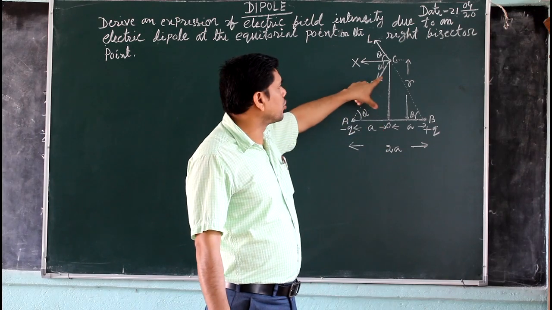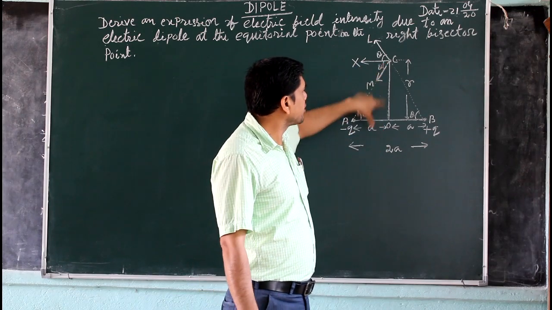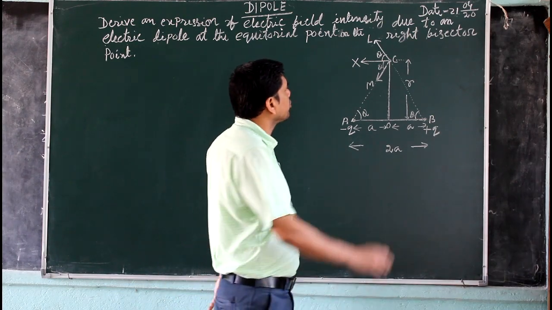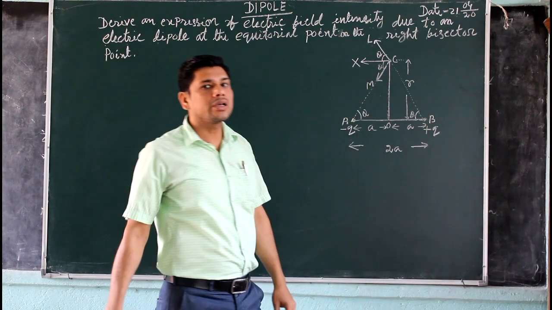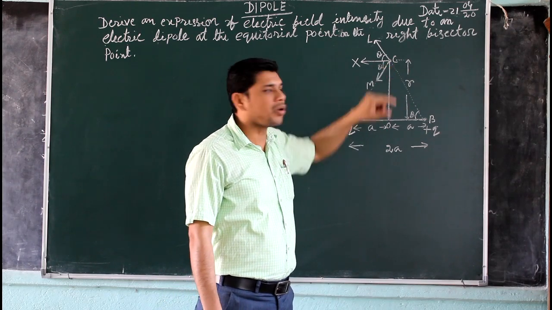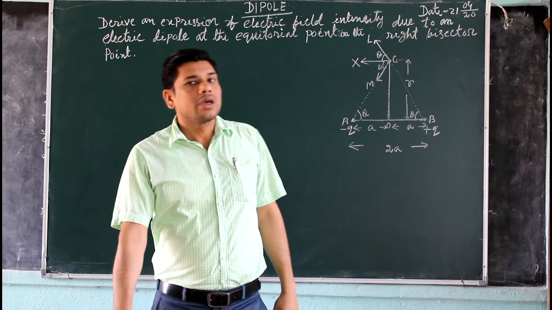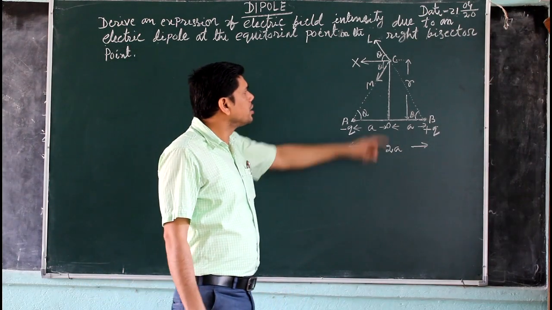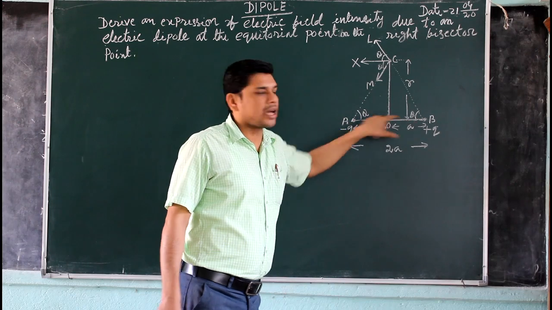So any point lying on this right bisector line is called an equatorial point. Here we have considered the equatorial point lying at point C. So in this figure we have to find the electric field intensity at point C due to this dipole.